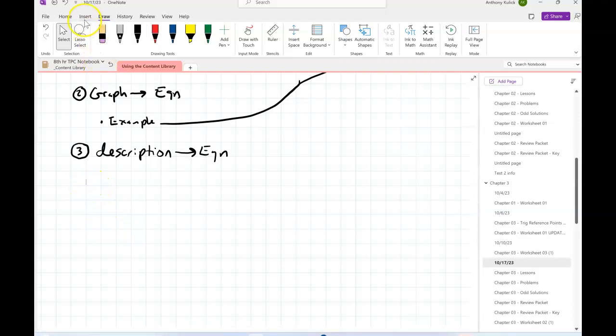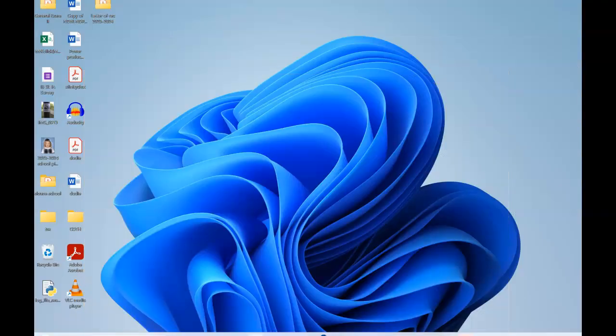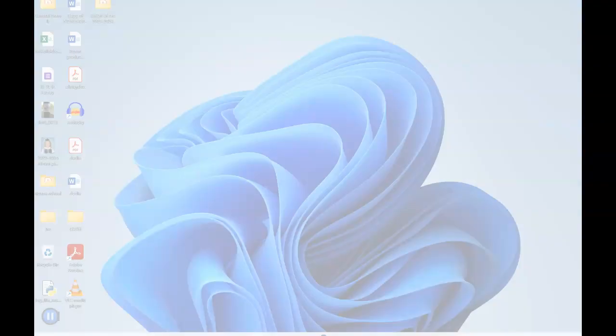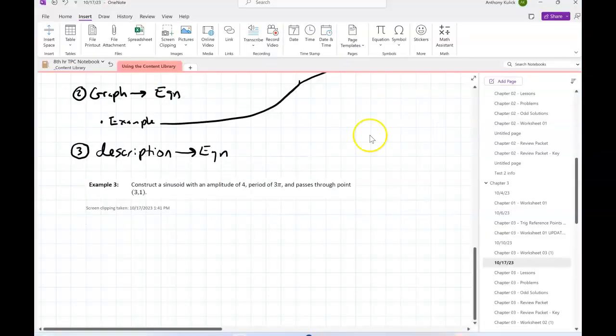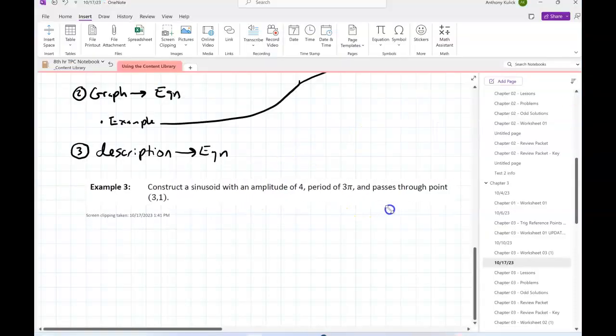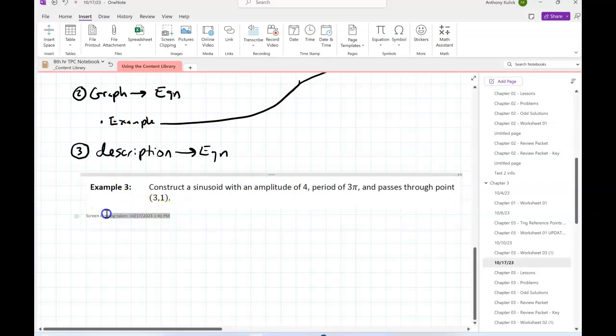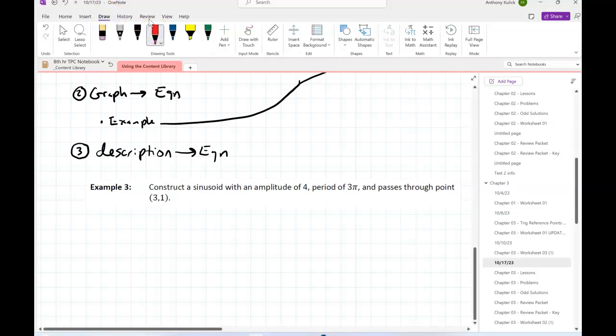A description, we're going to give you some of the information from a graph, but not all of it. So we'll have to be a little more clever about how we're using the given information to figure out the values for A, C, H, and K. But it's still boiling down to the same process, really.